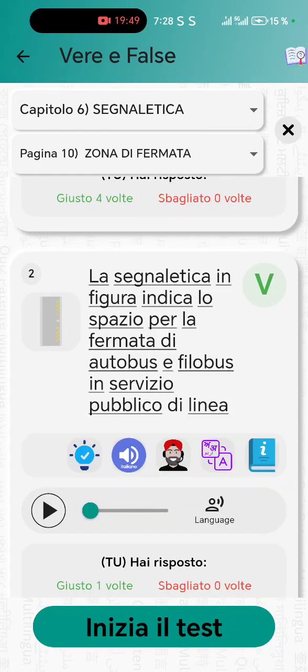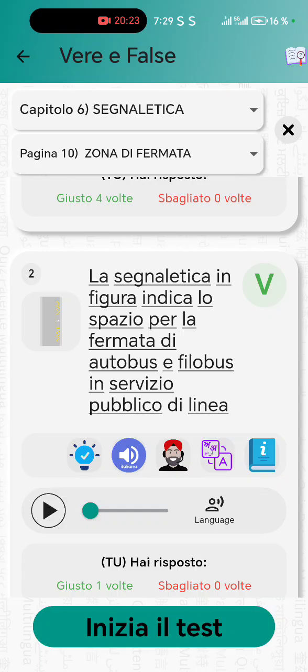So number 2, they talk about: la segnaletica in figura indica lo spazio per la fermata di autobus e filobus in servizio pubblico di linea. Now, very simple, guys. He said this sign in the figure dedicates a space for the fermata, bus stop for autobus and filobus.